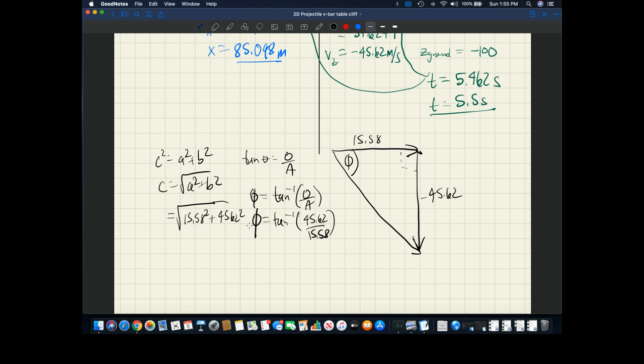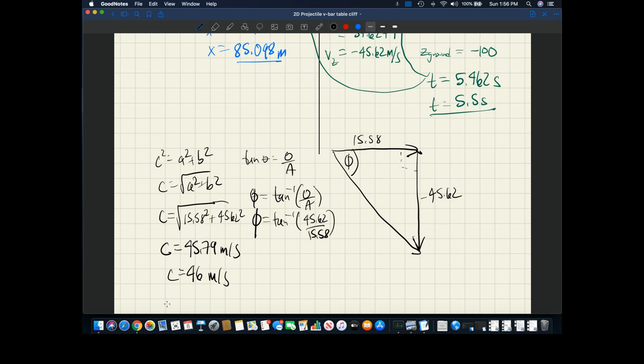And again, this is an opportunity for you to practice with your Desmos. And you should get, in this case, that the resultant velocity is 45.79 meters per second, which to two significant digits is 46 meters per second, which is exactly what we got from the table.